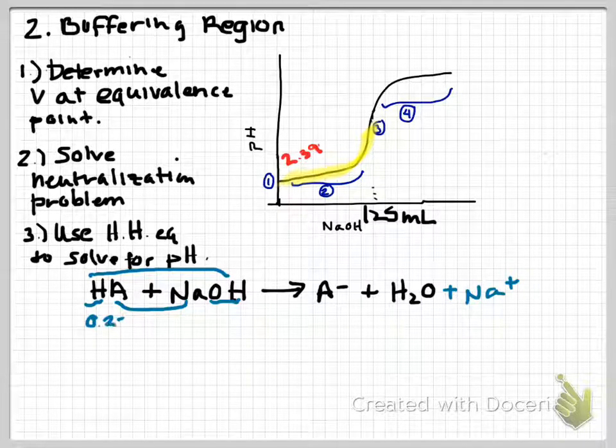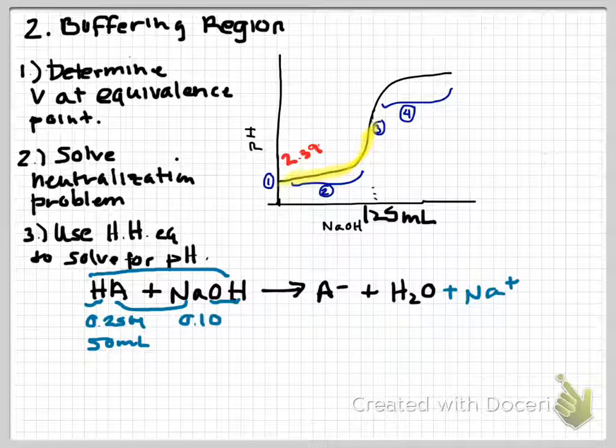I have 0.25 molar acid. I have 50 mL. For my moles of base, I have 0.1 molar sodium hydroxide. I said that in the initial problem statement. And the question is, how many mL of sodium hydroxide do I need to add here? Everything is 1-to-1, so that makes this a very simple calculation.